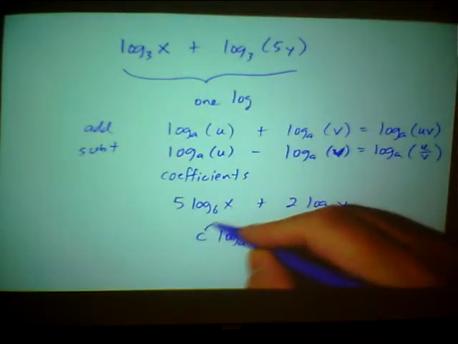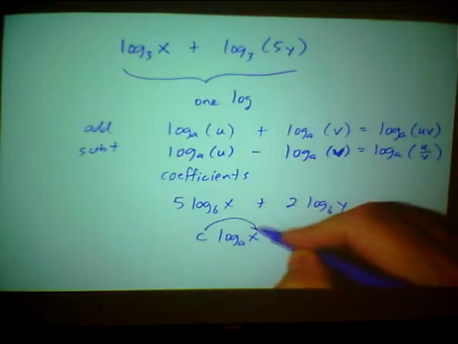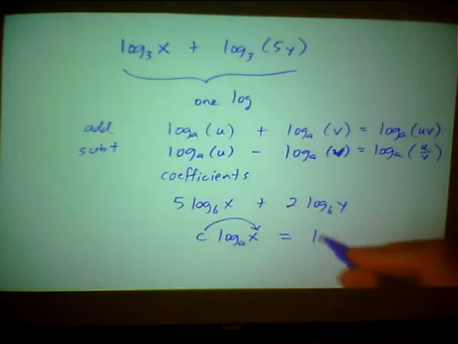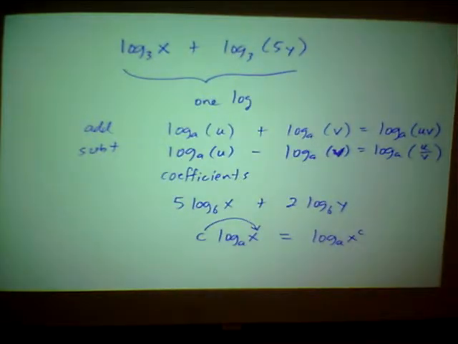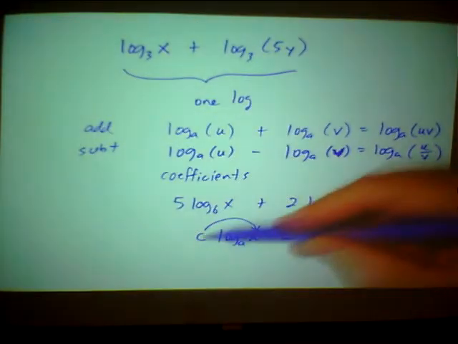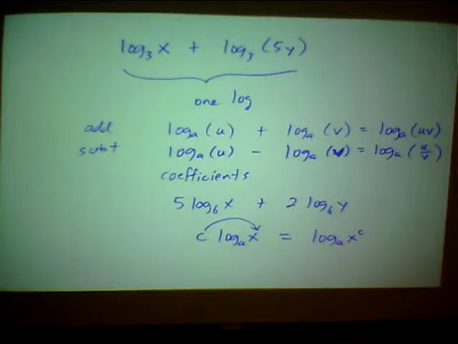You can take the coefficient and you can actually move it and it will become the exponent of the argument in the log. So the coefficient, the number in front of the log, I can move it and it now becomes the exponent inside the log.